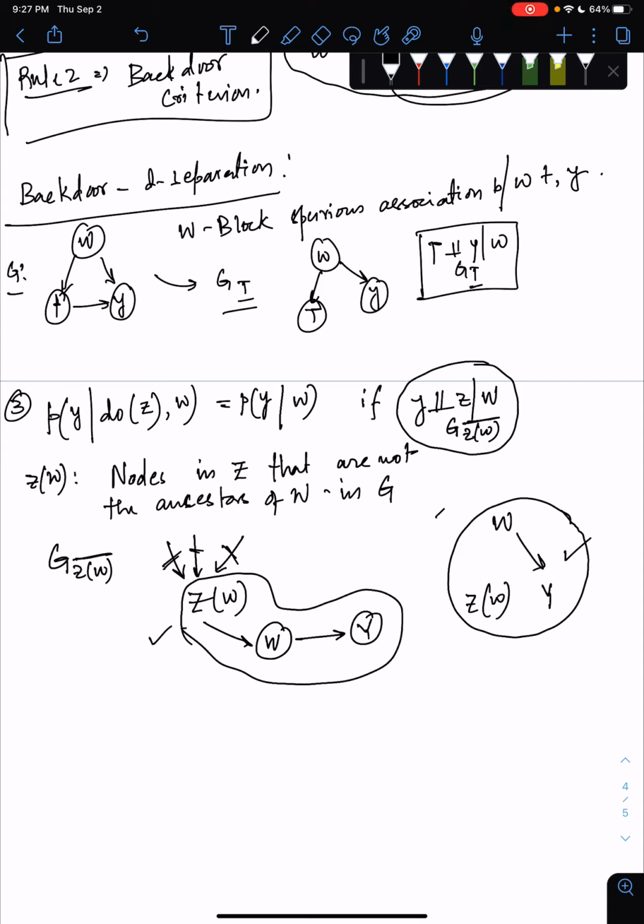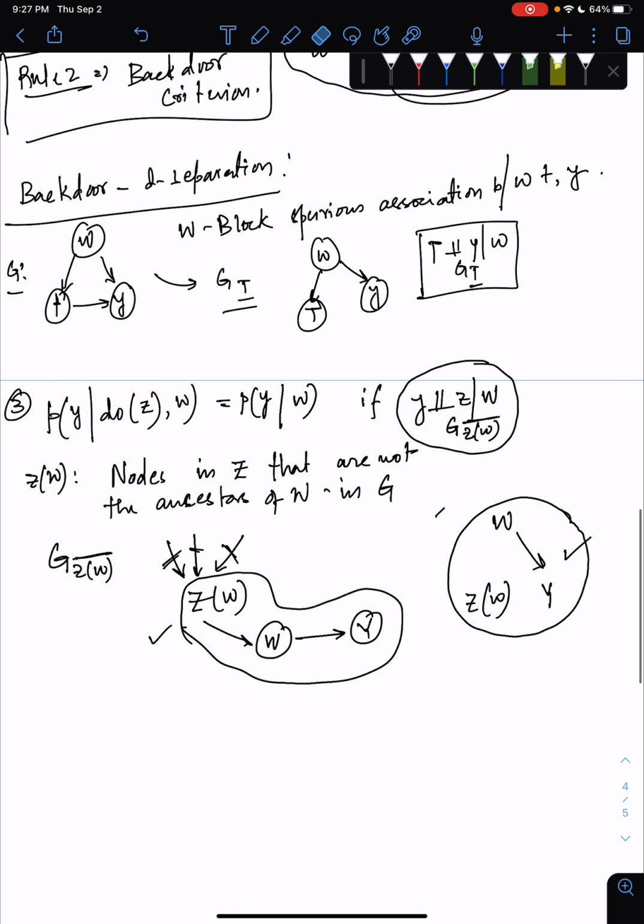Let's do one more recap: we have to be in a graph where we removed the edges that are coming to Z, and after removing the edges, I think it's better that I write it.